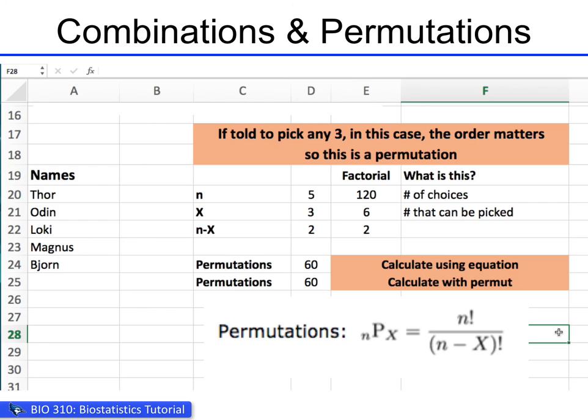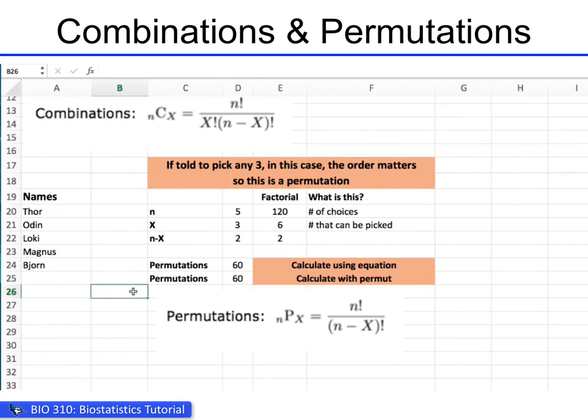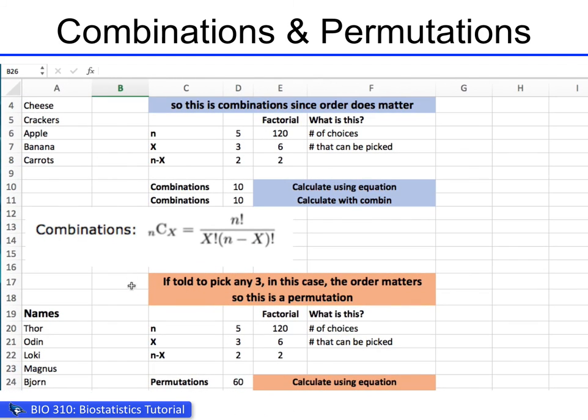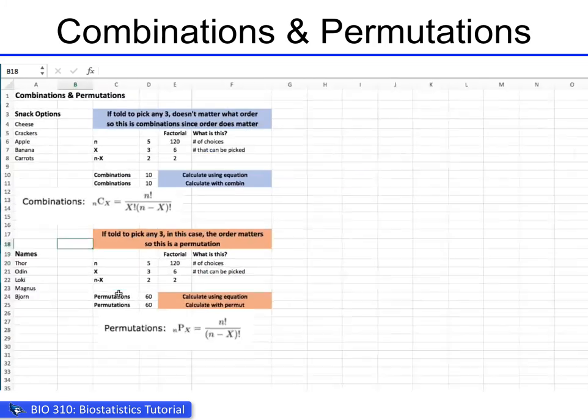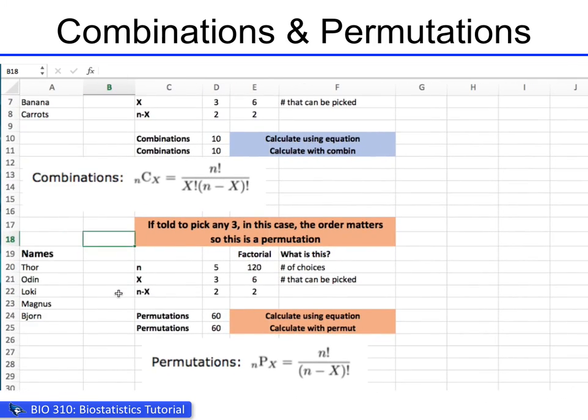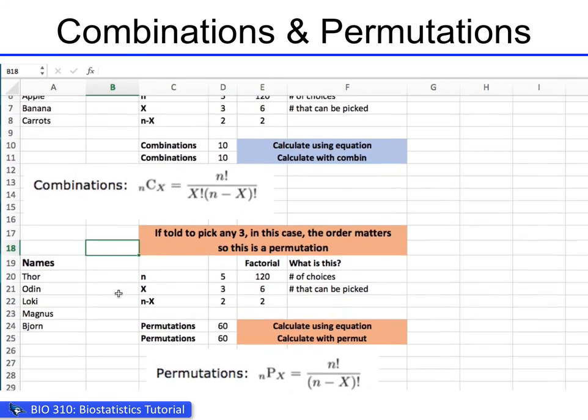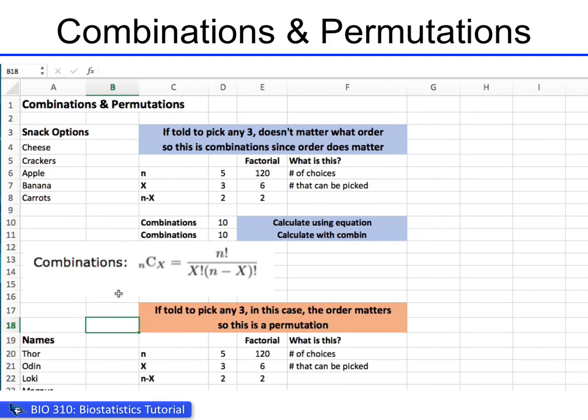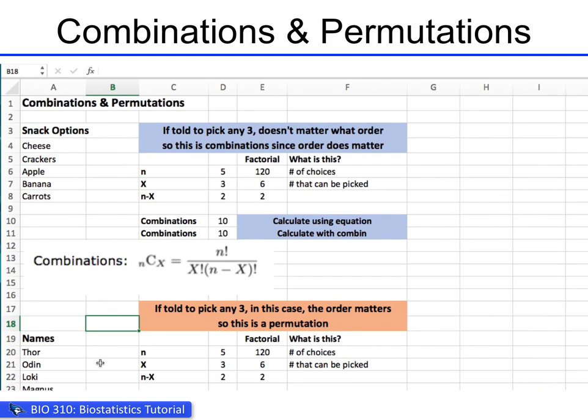So, given the same scenario, 5 choices and being able to pick 3, when we look at the difference here between the number of permutations and the number of combinations, we see that there's a pretty big difference. And there is a big difference because in a combination, the order doesn't matter.